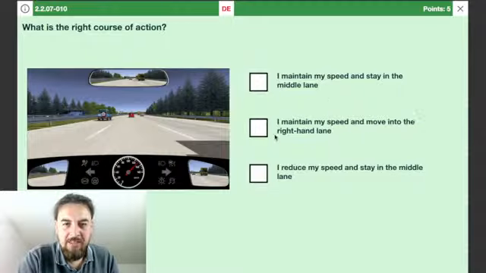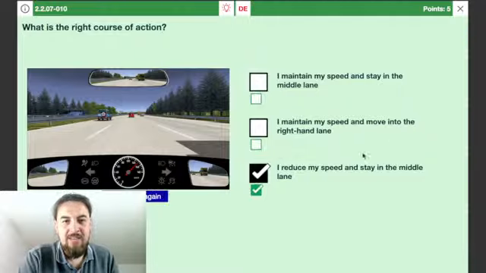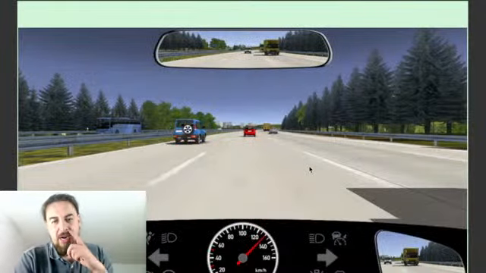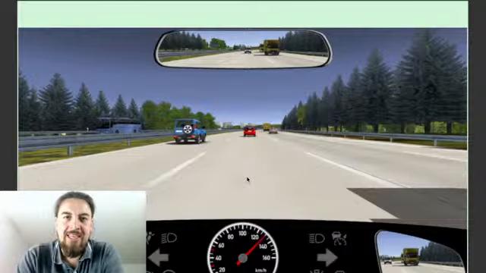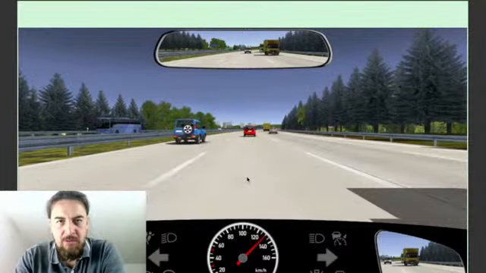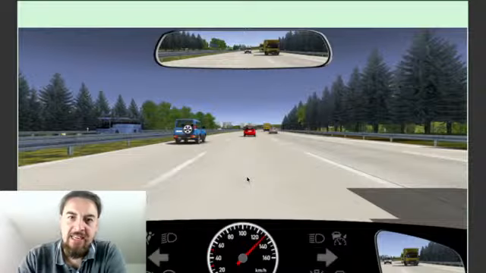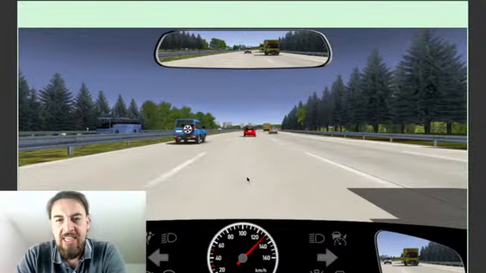The correct answer is I reduce my speed and stay in the middle lane. So what will happen as well? Let's analyze it. You are in the middle of the highway in lane 2. On the right was an entry lane, and this gray car again was merging in, overtaking some cars, and he's quite fast.